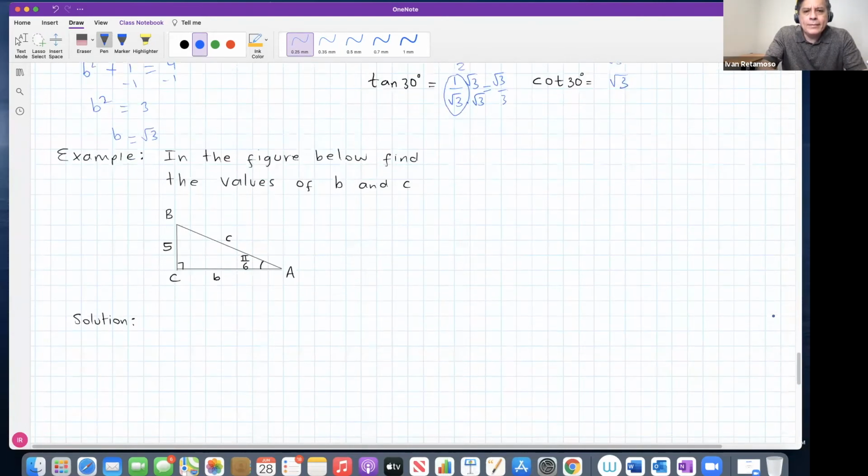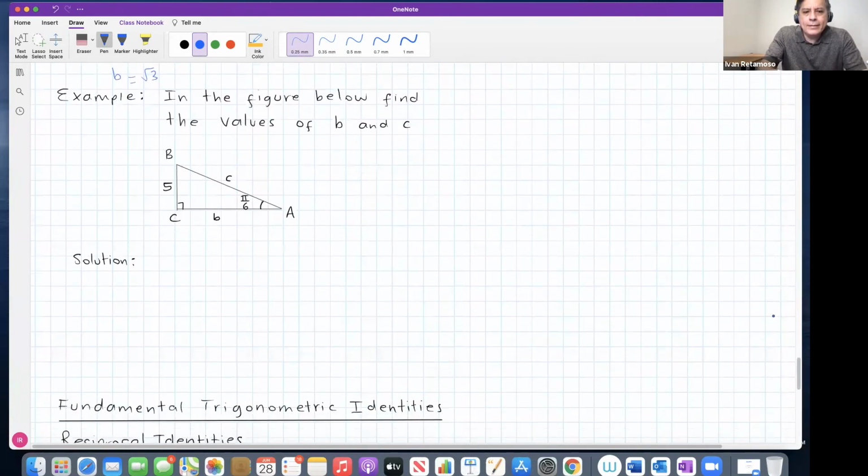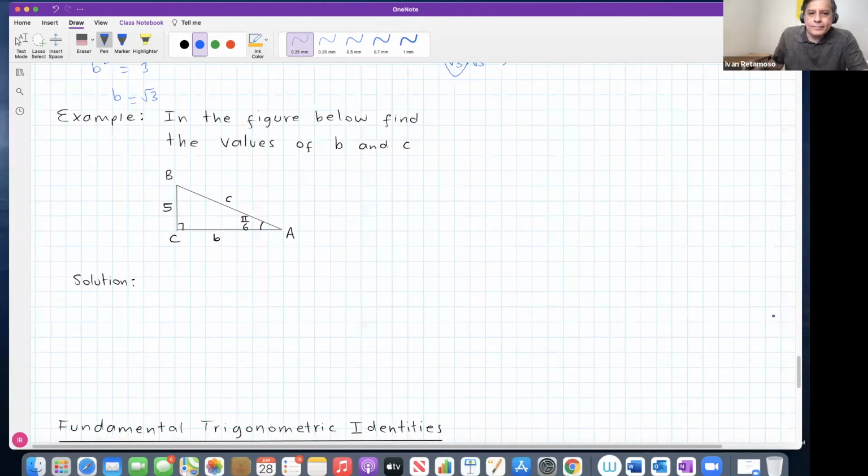But now, how is this going to be tested for us? Here is an example that you will have to take a look at in your homework. In the figure below, find the values of B and C. They're giving you this length 5 and this pi over 6. Notice that pi over 6 in degrees is just this angle.